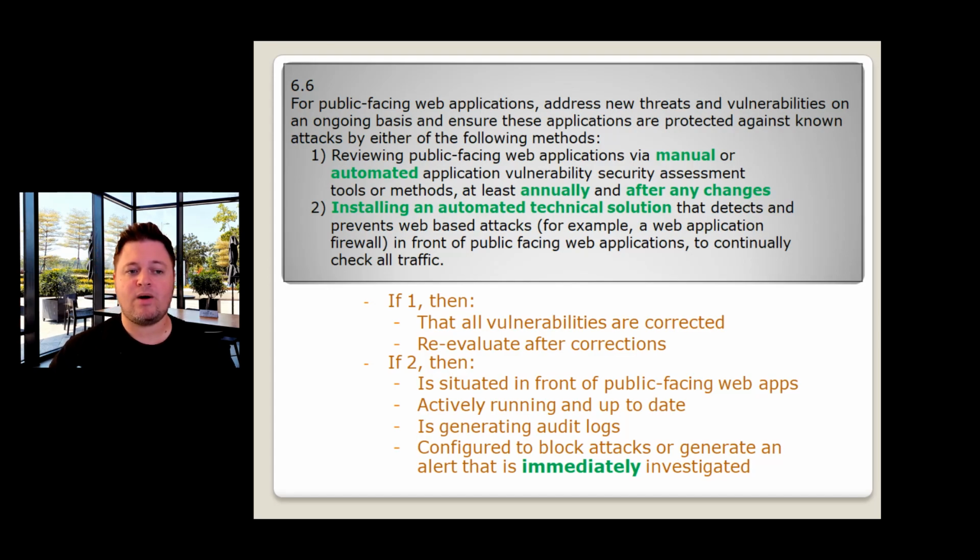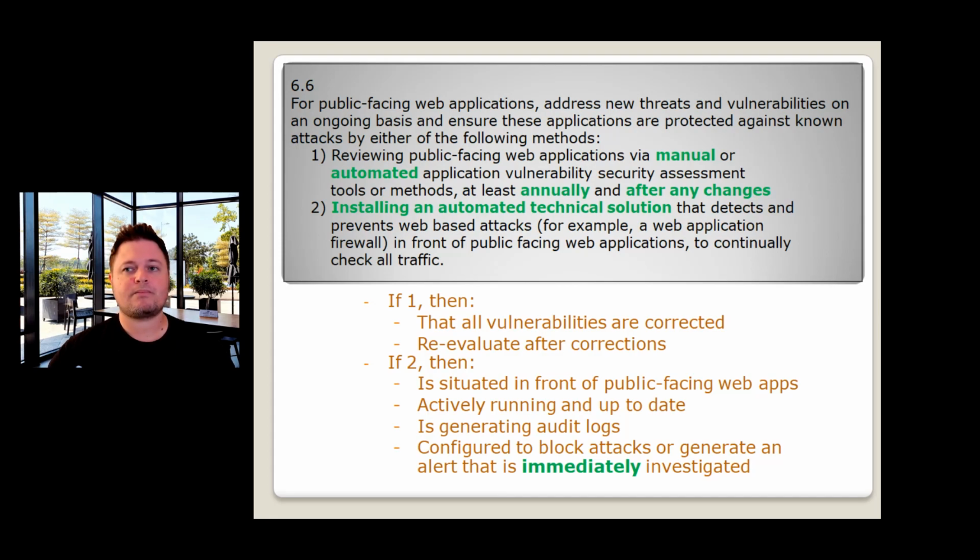Now, if you have a web application firewall or something similar to that, then you just make sure it's sitting in front of the public-facing web apps, and actively running and stays up to date, is generating audit logs and configured to block attacks or generate an alert that is immediately investigated.